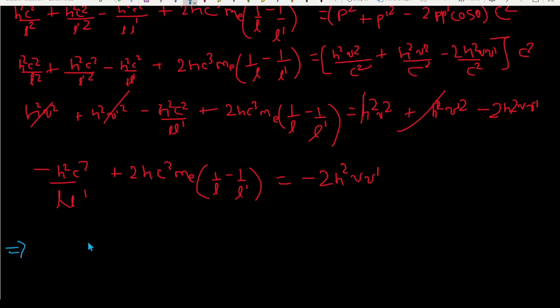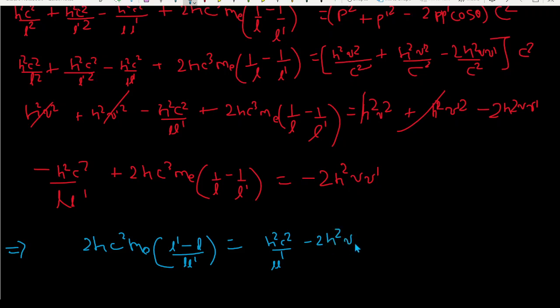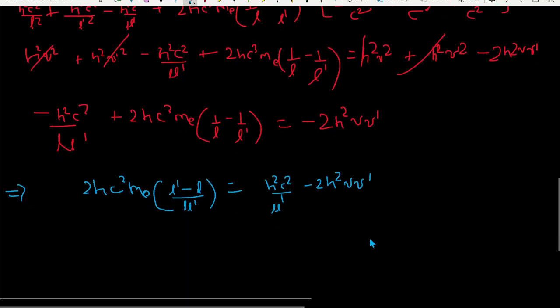We can take 2hc cube m_e, and here lambda dash minus lambda divided by lambda into lambda dash is equal to h square c square divided by lambda into lambda dash, and negative of 2h square mu into mu dash, which is the frequency.